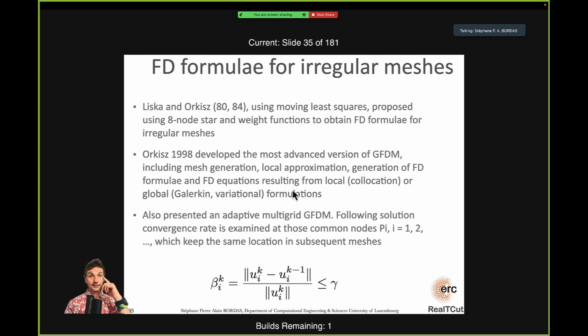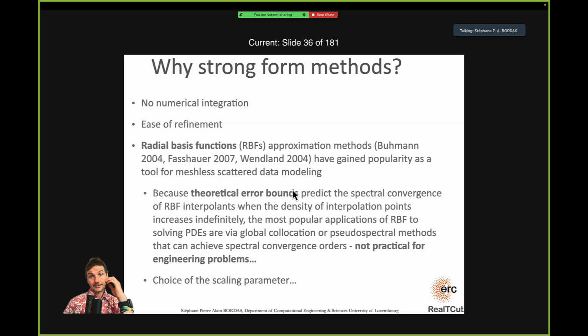Then how do you do it? So this is called generalized finite differences, and there are some papers that work on this. And the question is, how do you compute the operators? And that's what we will see in a few slides.